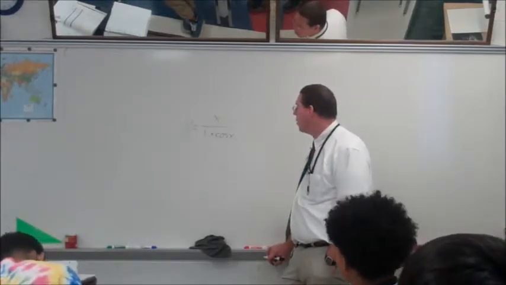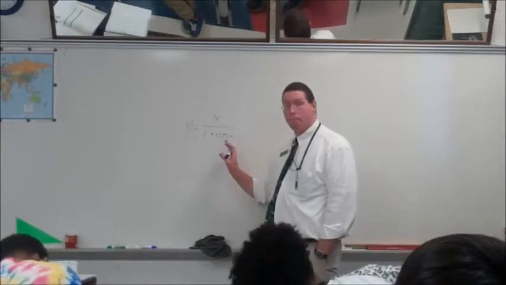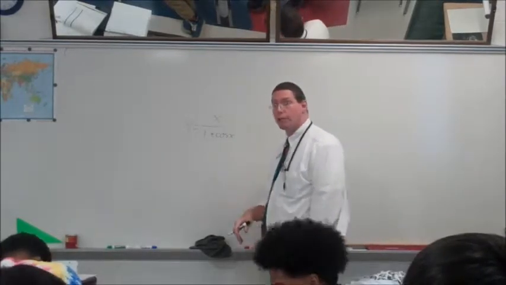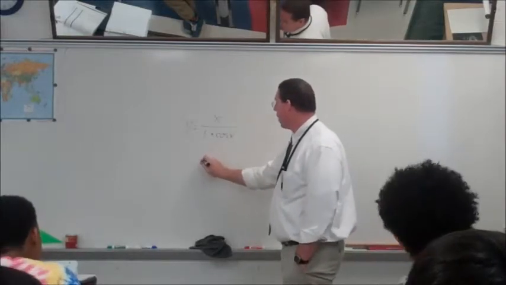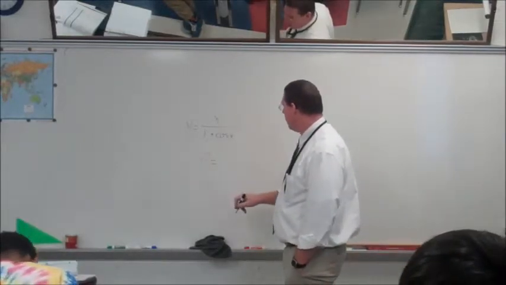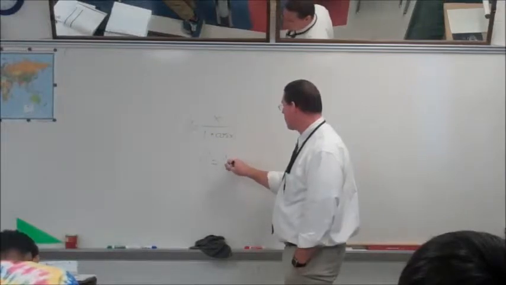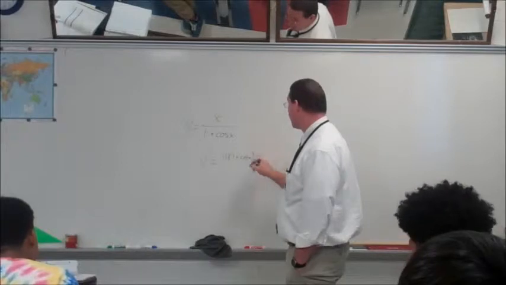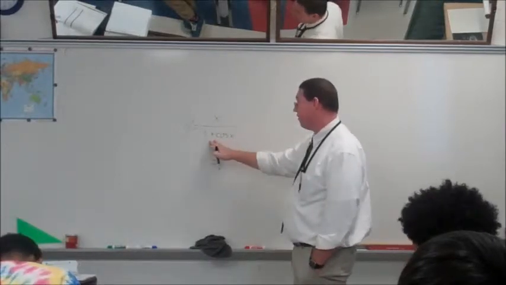Okay, so let's go ahead. What are you thinking? Say it out loud. Quotient rule. Yeah, sure. All right. So y prime is going to be the derivative of the top, 1, times the bottom, 1 plus cosine, minus the top times the derivative of the bottom.